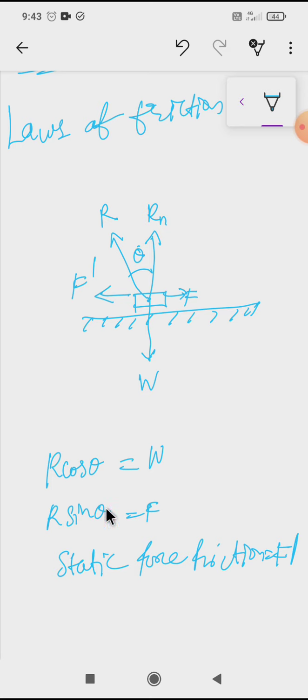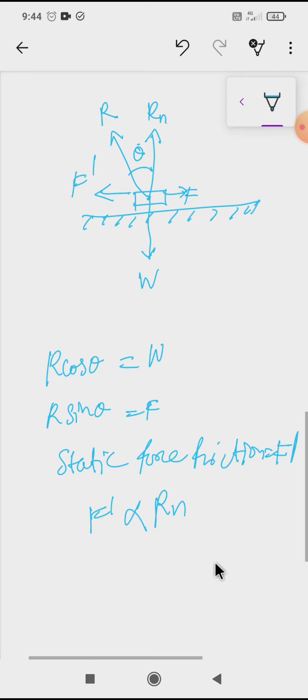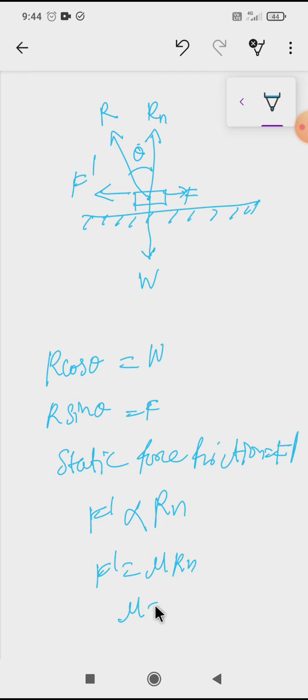This force of friction F dash is proportional to Rn. If we remove the proportionality sign, we get F dash equals mu Rn, so mu will be equal to F dash upon Rn.